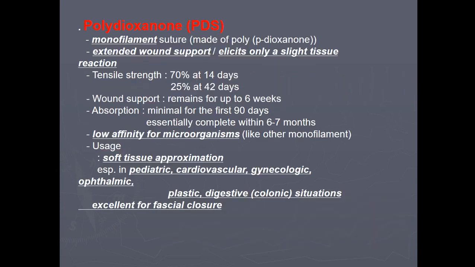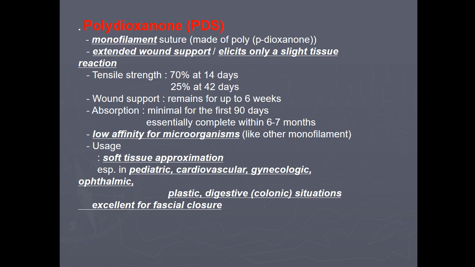Polydioxanone, again a synthetic one, is an absorbable monofilament suture made of polydioxanone. It extends wound support and elicits only a slight tissue reaction, with 70% tensile strength at 14 days and 25% at 42 days.